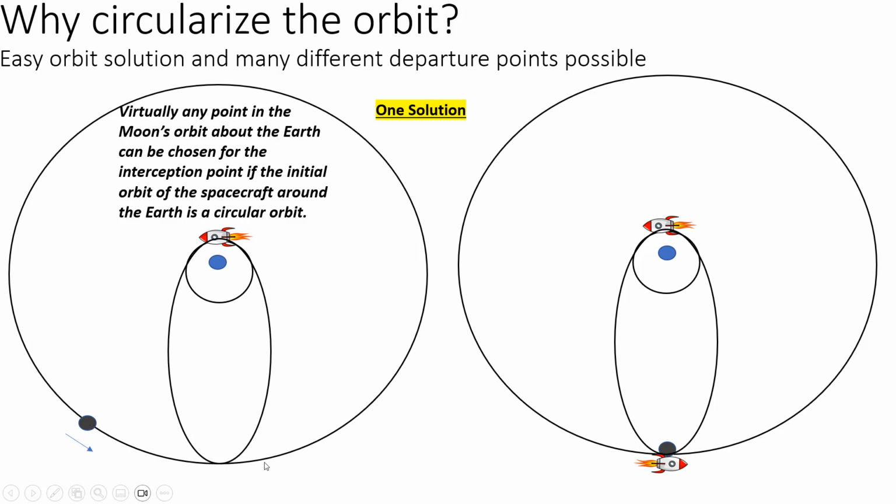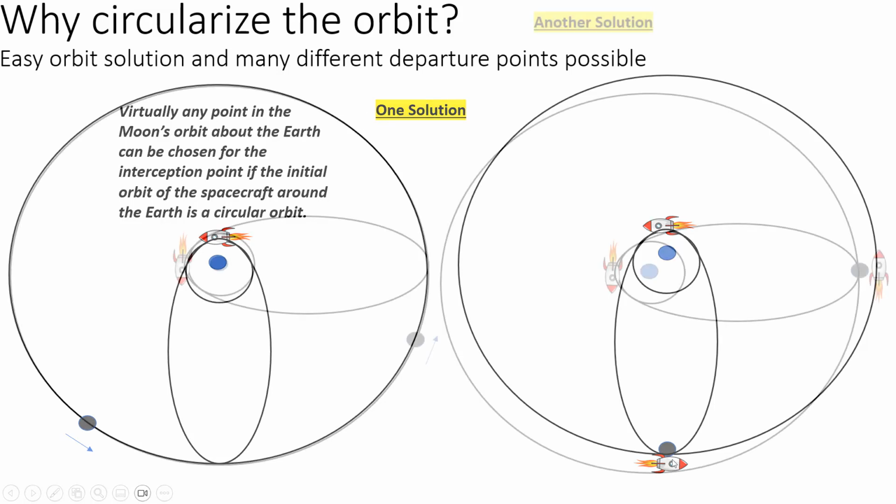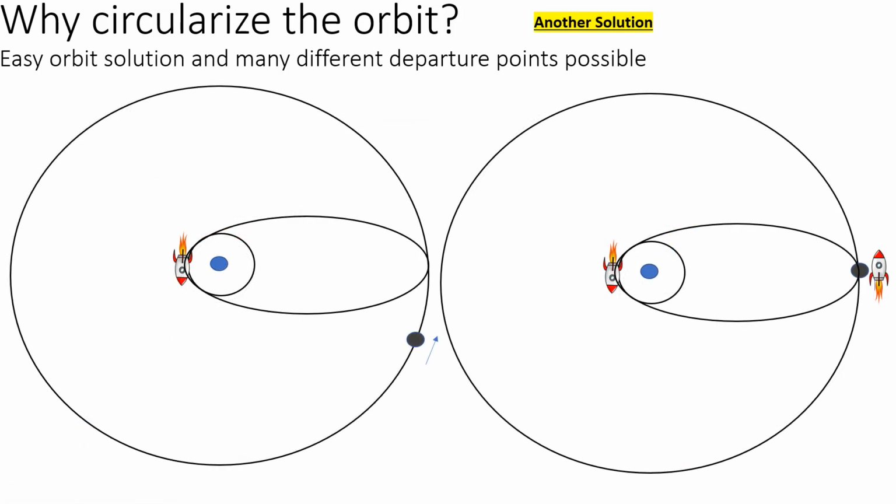Here's an example. The spacecraft provides a thrust at this point, while it's in the circular orbit around the Earth, and grows the orbit to this highly elliptical one, such that the interception point between the delta glider and the moon is down here. Another solution: circular orbit again.